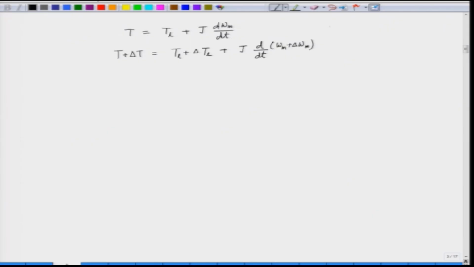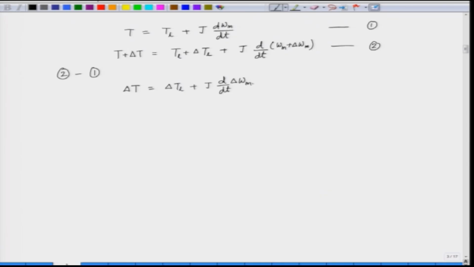Now, if I call this equation number 1, and this equation number 2, we will subtract equation 1 from equation 2. If you subtract equation 1 from equation 2, what we get is a small signal equation: delta T is equal to delta TL plus J d by dt of delta omega m.